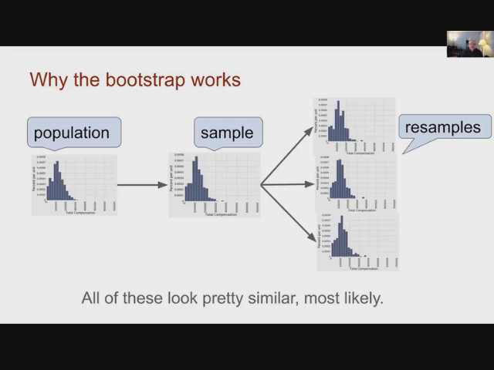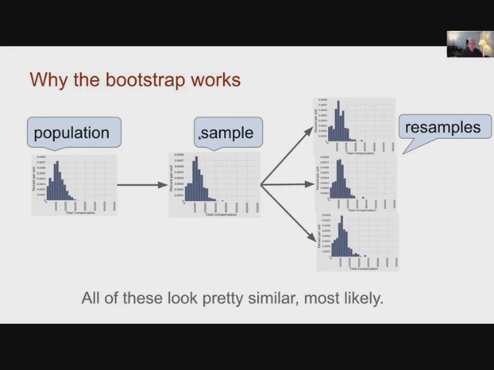On our right there, we have the population, and that is unknown. This distribution for a particular statistic is unknown, but we can take a sample. If that sample is large, it resembles the population. So what we're going to do in the bootstrap technique is assume that the sample is our population. And what did we do in the previous part of the course? We took repeated samples.